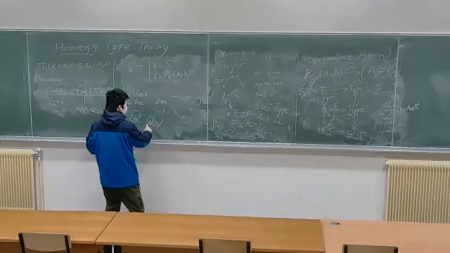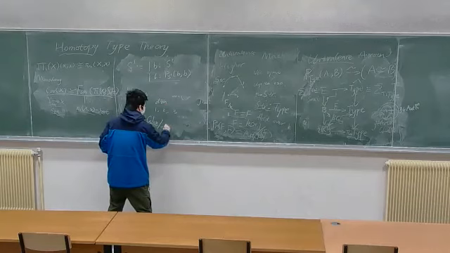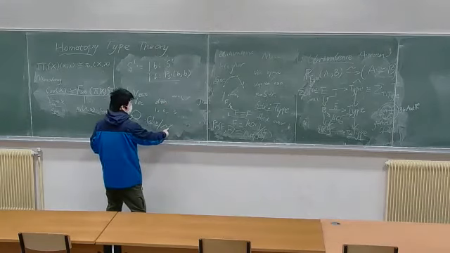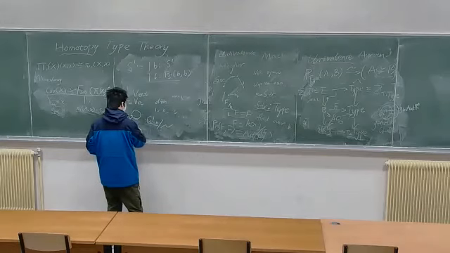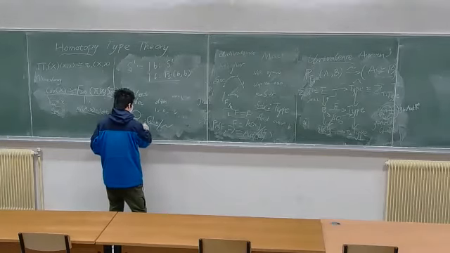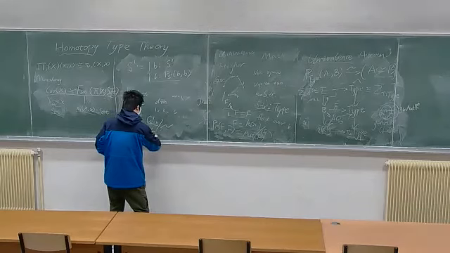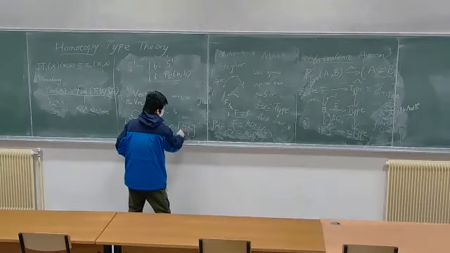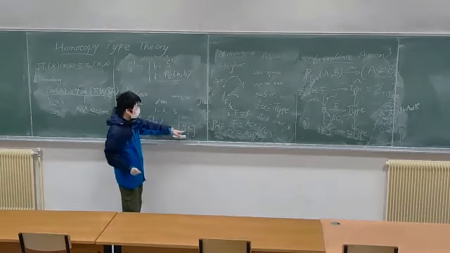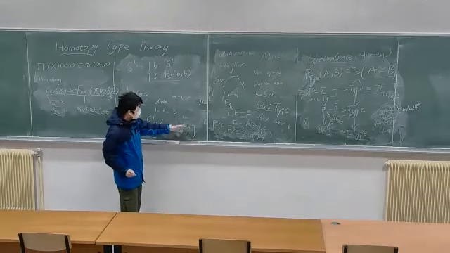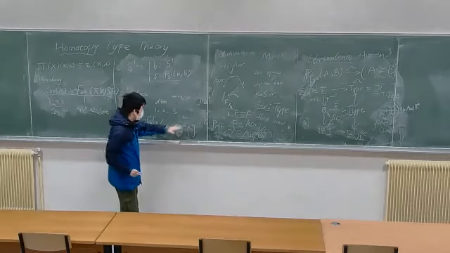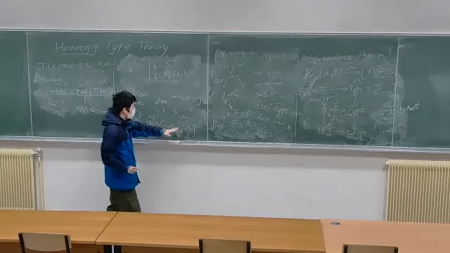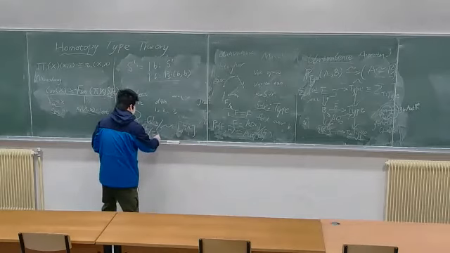So maybe this is GLn up to some homotopy. You can believe there is a right way to define this homotopy by its elementary matrices. If two matrices can be related by elementary matrices, you can believe they are homotopic.